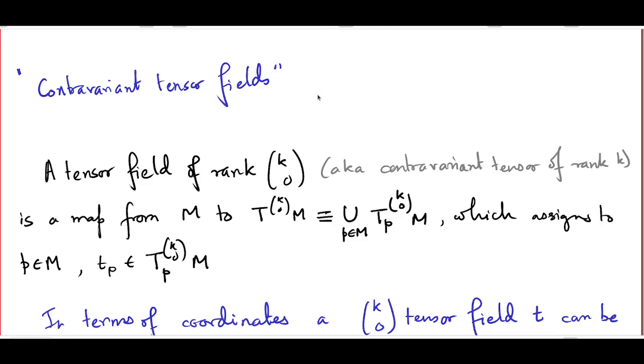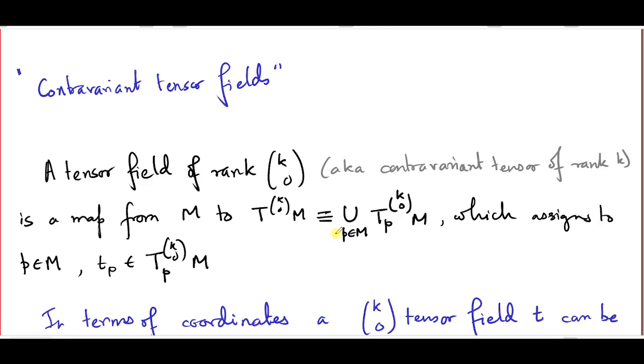In order to define this formally, we need to first introduce the notion of a tensor bundle, T^(k,0) M. This is the union over all points p of the manifold of the vector spaces, the n to the k dimensional (k,0) vector spaces which are made up by all the (k,0) tensors at the point p.